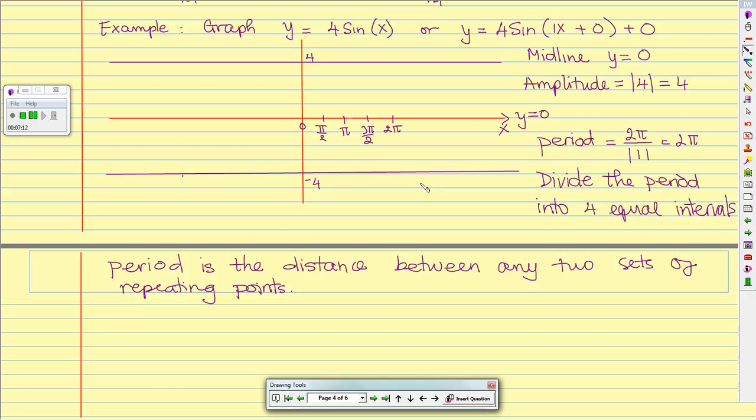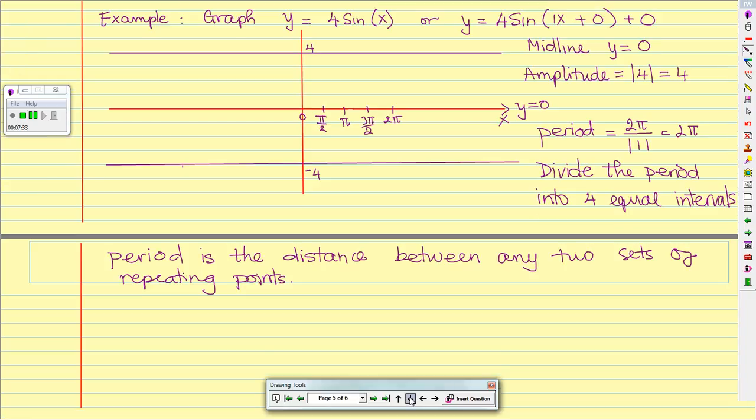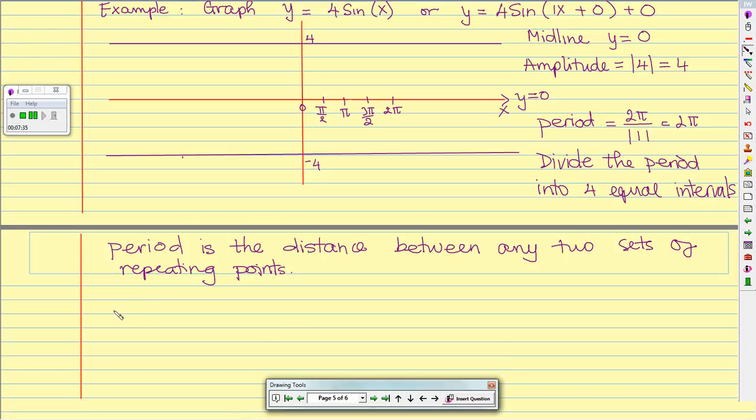So now, remember the graph of sine. You can evaluate this. If you don't remember how the graph of sine looks like, then I'm just going to go ahead and evaluate it for you so you can see it.